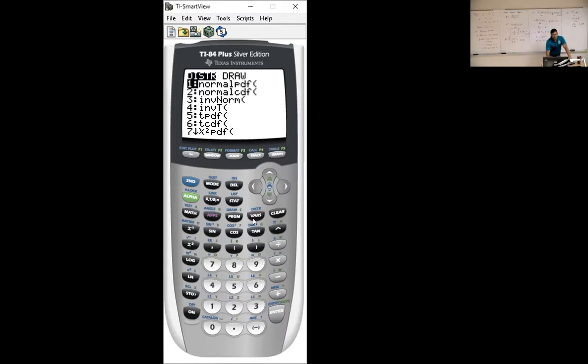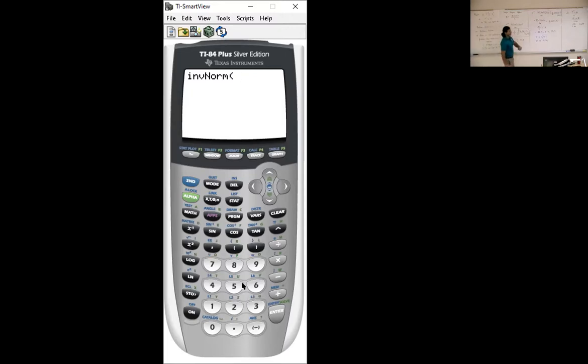Mind you, inverse norm, just like R, will always use the area below the critical value, always. But in this case, we have to look at the area above. The area above is our alpha, which is 0.01.